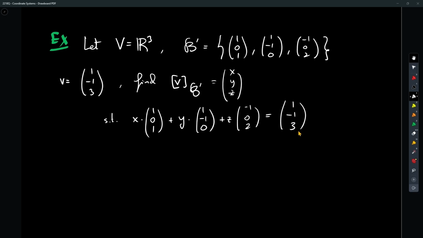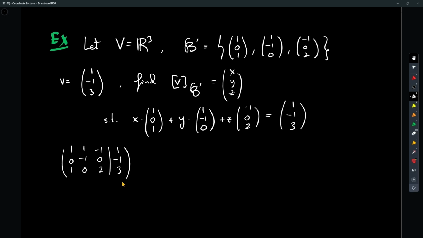So these x, y, and z will be the coordinates with respect to the basis B prime. And I can write this as an augmented matrix: 1, 0, 1, 1, minus 1, 0, minus 1, 0, 2, augmented with 1, minus 1, 3. This is the augmented matrix for that system.